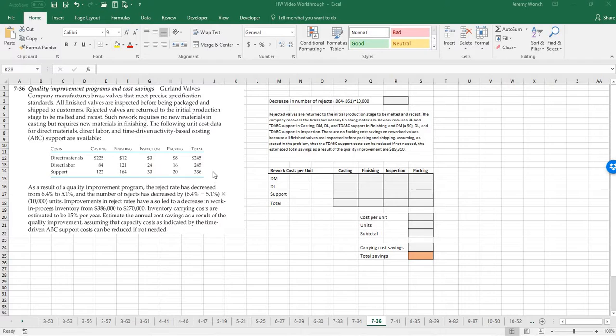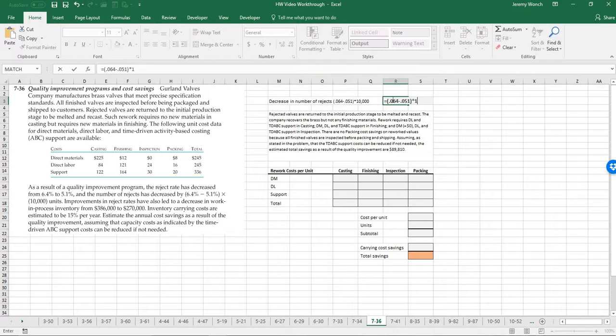We actually have a walkthrough right here, but we'll go ahead and do the process just so we can see how we get those numbers. First of all, figure out how many units we are saving. They had a reject rate of 6.4%, and they decreased that down to 5.1%.